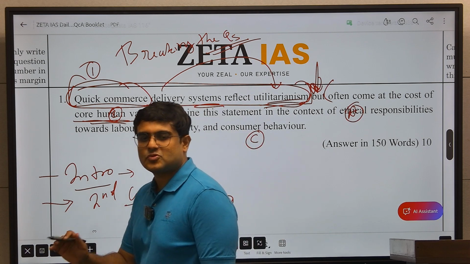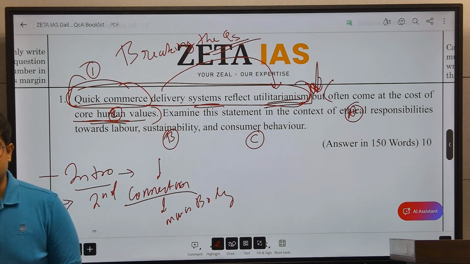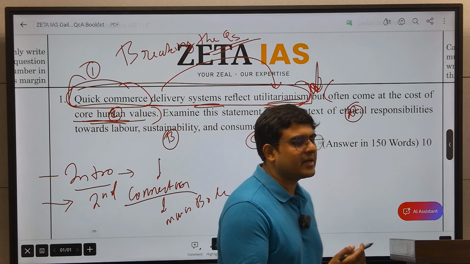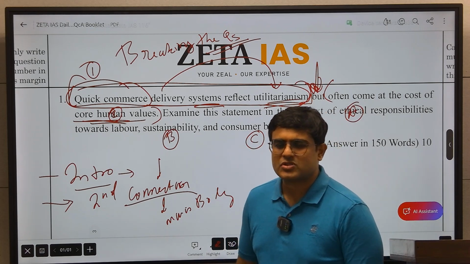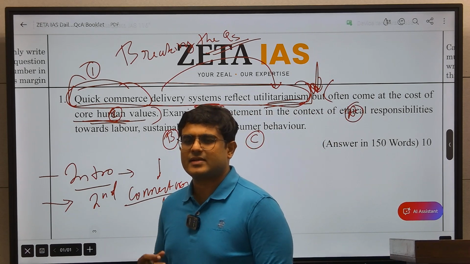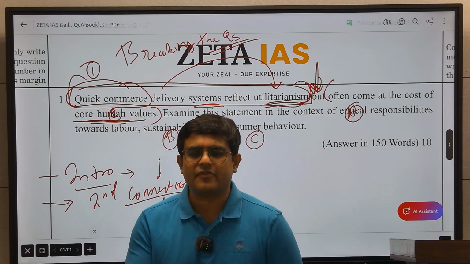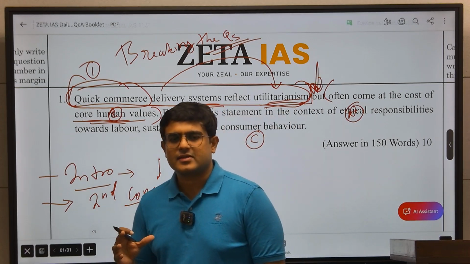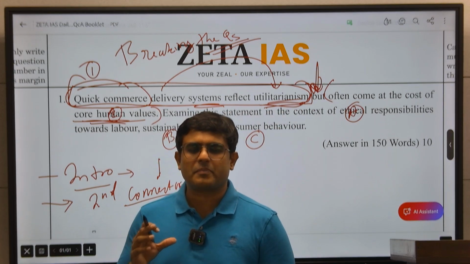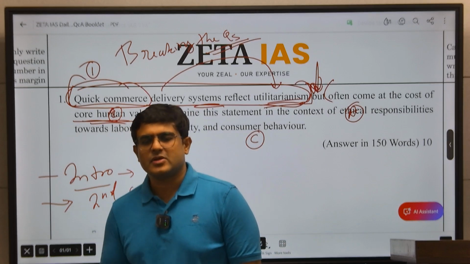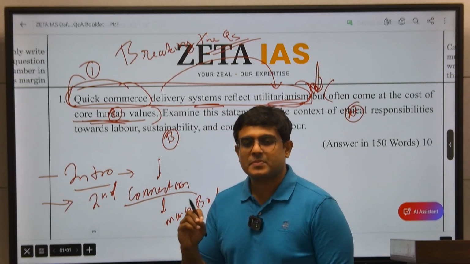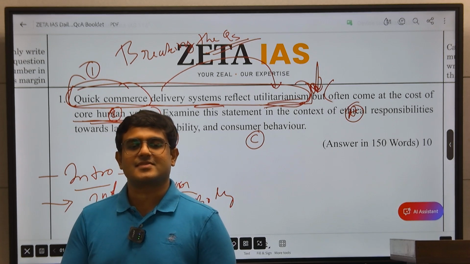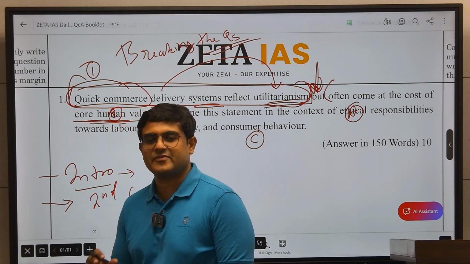So, there is a smoothness in your answer, not abruptness. So, but this utilitarian philosophy comes at the cost of human values, and it does not respect dignity of labor, compassion. That is, it compromises on community building, social capital, especially from the perspective of riders, the delivery boys.